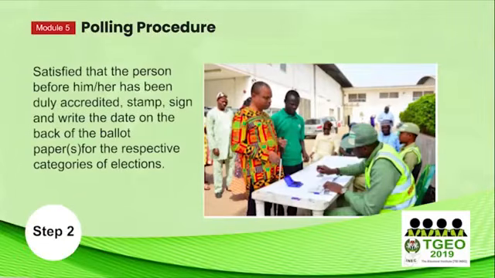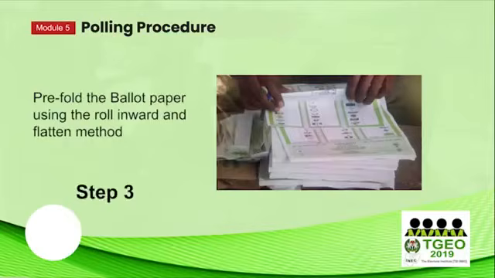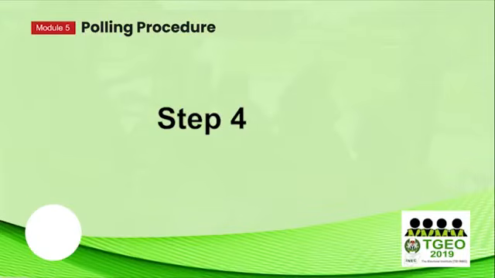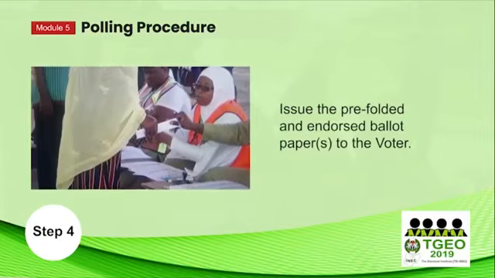Satisfied that the person before him or her has been duly accredited, stamp, sign, and write the date on the back of the ballot papers for the respective categories of elections. Step 3. Pre-fold the ballot papers using the roll and flatten method. Step 4. Issue the pre-folded and endorsed ballot papers to the voter.